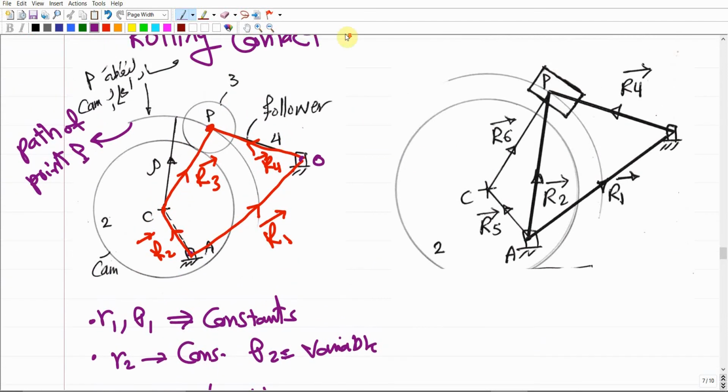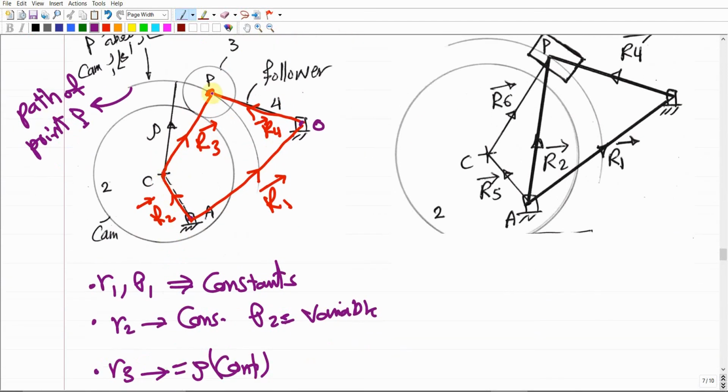As we did before in the contact problem, point B is located over the circumference of this curved path, and this curved path has a center point C, which in this case is just the center of the cam, but it is not necessarily all the time the center of the cam, because this point C stands for the center of this curvature, which has a radius of curvature rho.